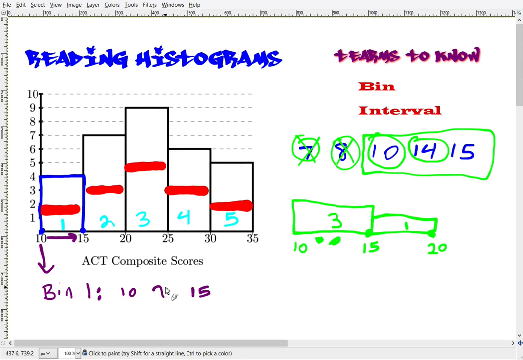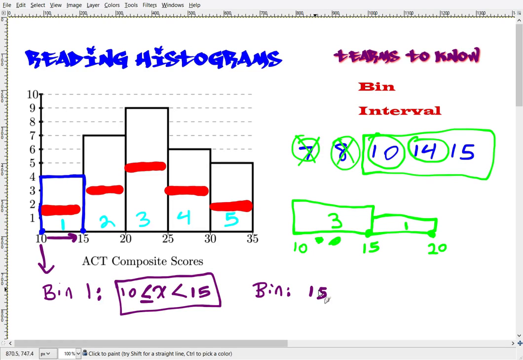And if I had to write an inequality that would talk about that, it would look something like this right here, where we could say that any score along the x-axis between 10 and 15 can include 10, but cannot include 15. Likewise, looking at bin number 2, the scoring range is from 15 up to 20, but not including 20.